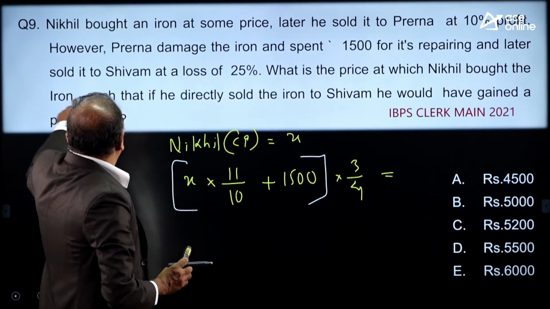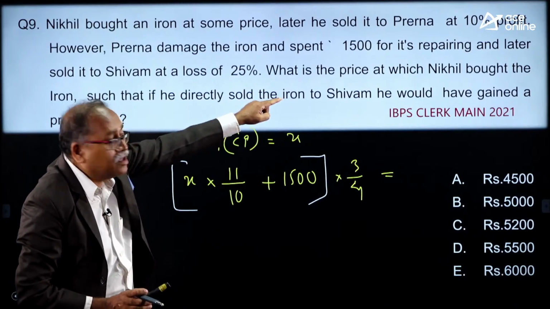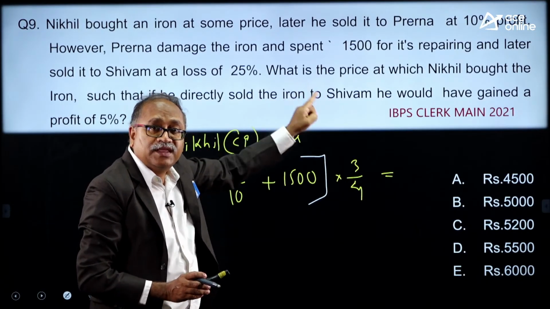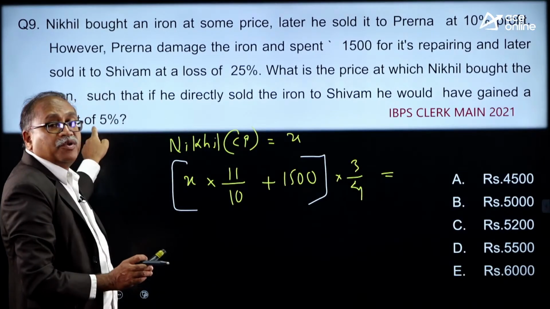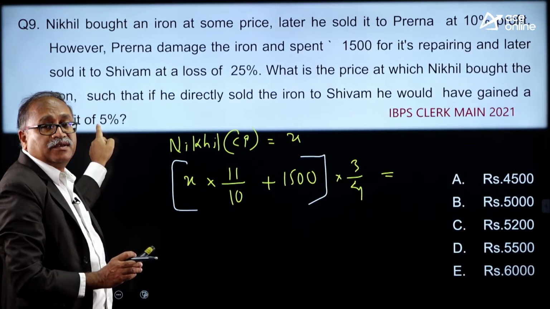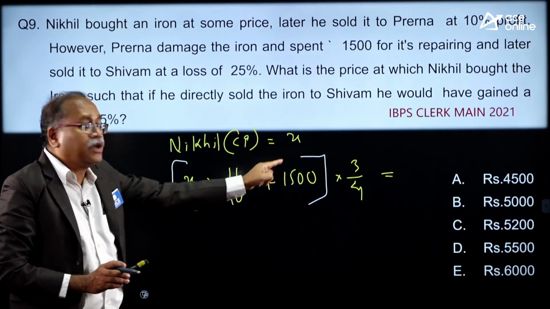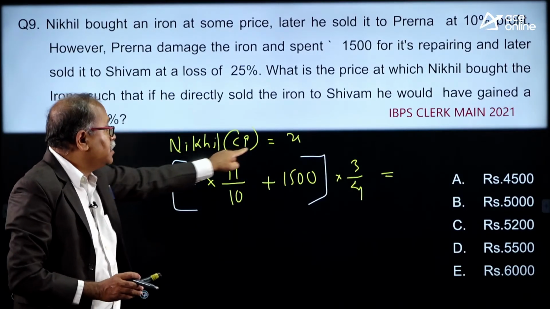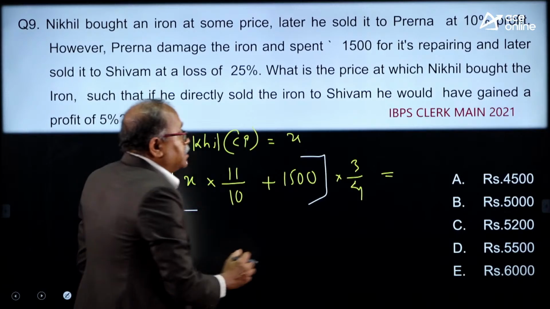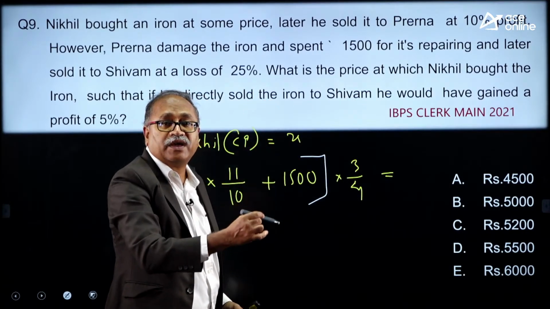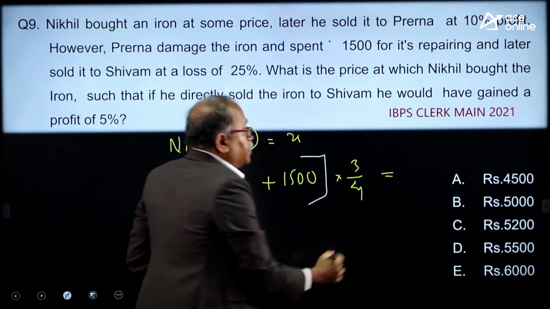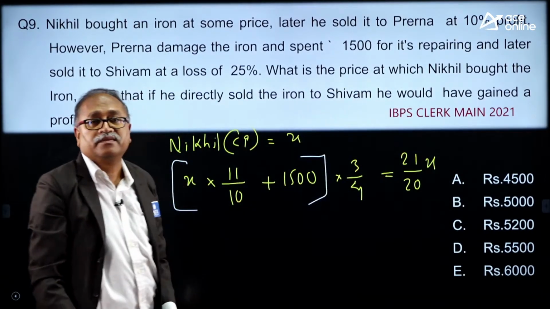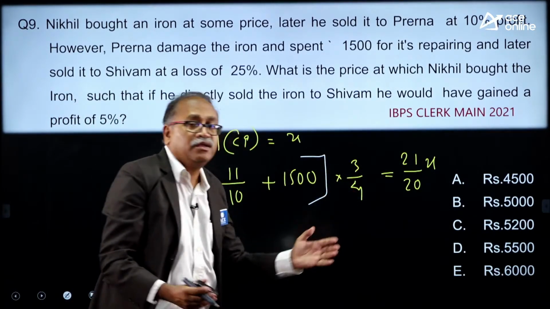If the very first person Nikhil sold it directly to Shivam, he would have made a profit of 5%. That means this value is equal to 105% of Nikhil's cost price. That is 105 by 100, which is 21 by 20. So, 21 by 20 of X, these two would have been equal.